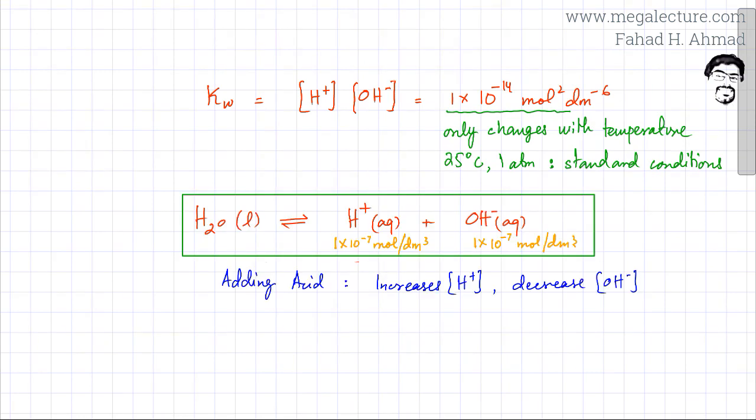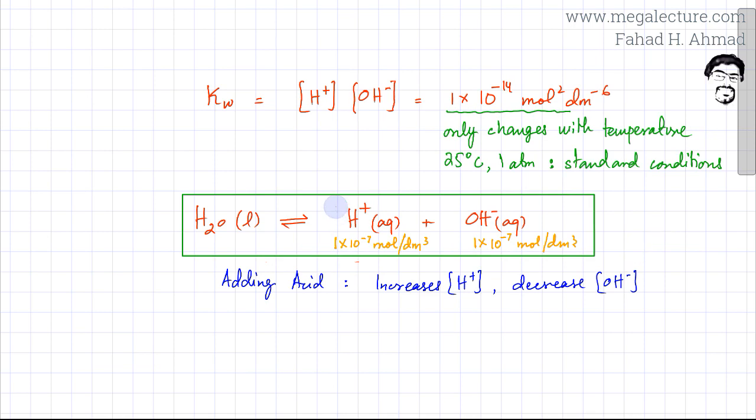Another important thing that we have previously discussed is that this equilibrium is established in water. If you add acid to water, acids are proton donors, or they produce H+ ions. So the concentration of H+ would increase. Vice versa, acids neutralize OH- ions, so the concentration of OH- would decrease.